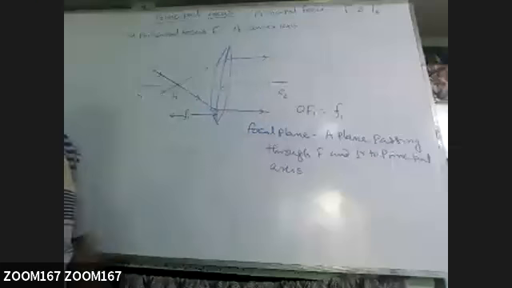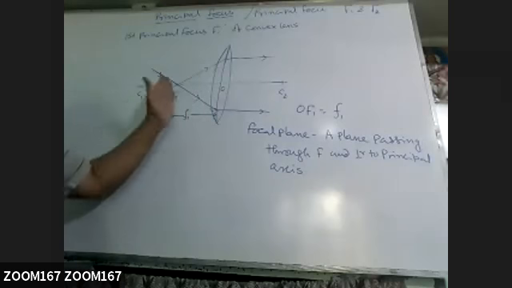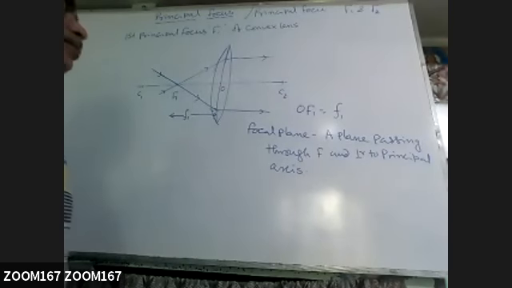One will be this side, other will be that side. So that we call focal plane. And distance between optical center and focus we call focal length.